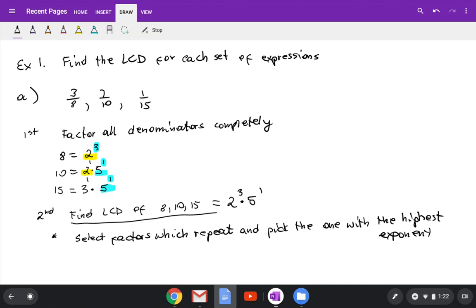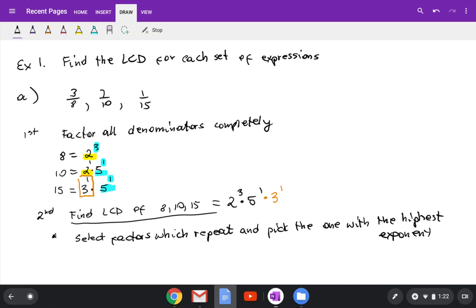Okay, and don't forget that LCD by definition is the product of unique factors. So the only factor which we didn't use is 3 to the first power. So you still have to use it. We need to also multiply that by the one which is unique, times 3 to the first power. So you're including all the factors.